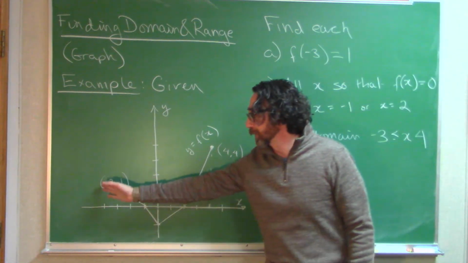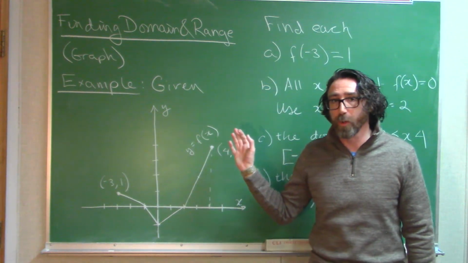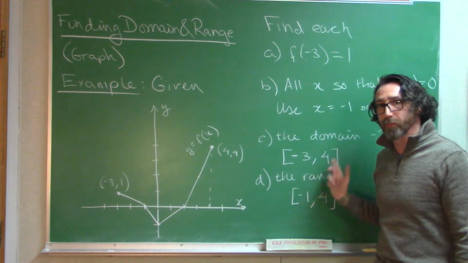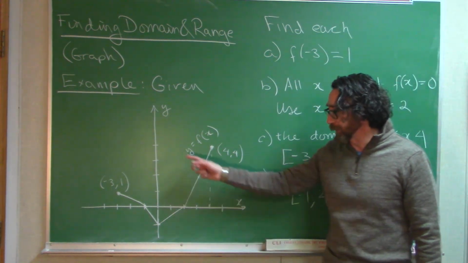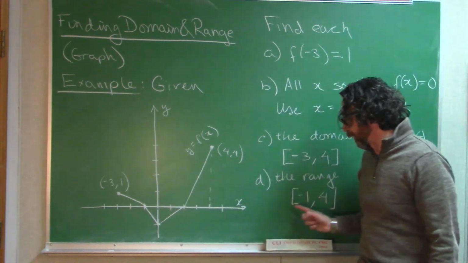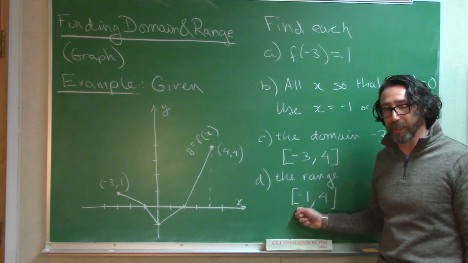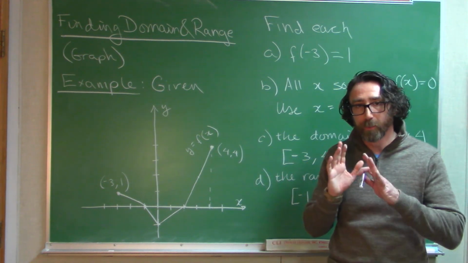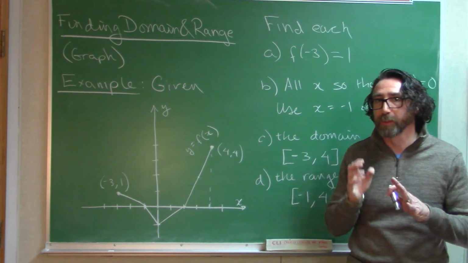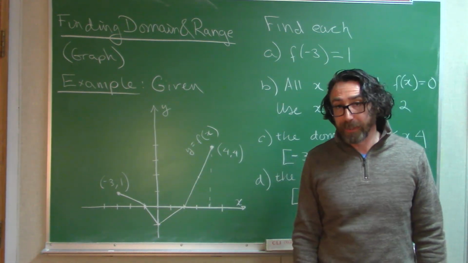In this picture, smallest x-coordinate is -3, biggest x-coordinate is 4, the domain is -3 to 4. For the range, we're looking at the y-coordinates. Smallest y-coordinate is -1, biggest y-coordinate is 4, the range is -1 to 4. Okay, so once again, very useful tool, these graphs, provided they're drawn accurately, okay?